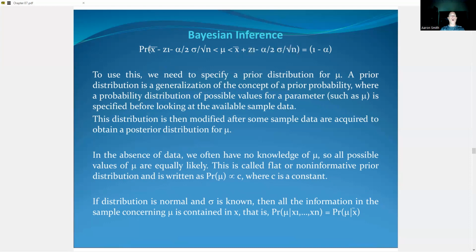So notice that x bar is the random variable. Everything else is a fixed value. The probability that x bar with this stuff would be on the left of mu, and x bar with this stuff will be on the right of mu. The probability of that is equal to 1 minus alpha.